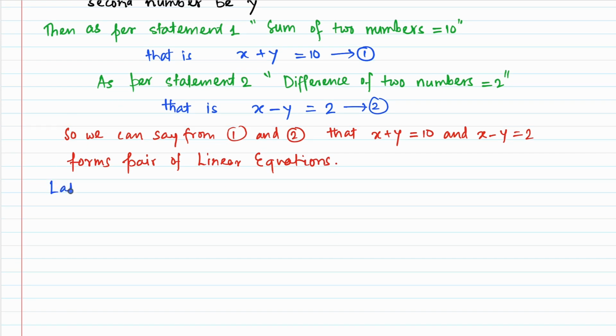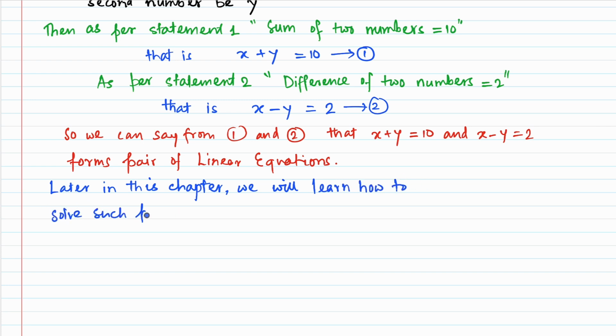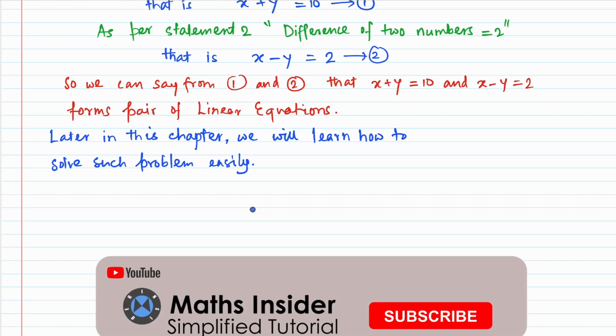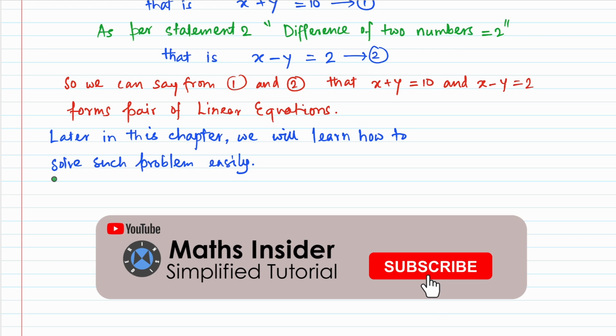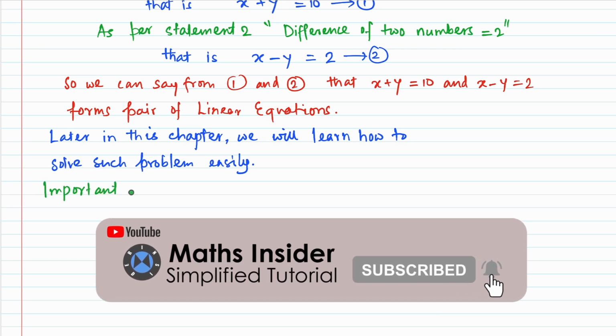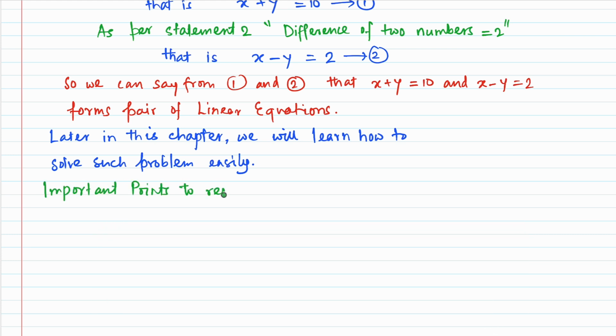That is why the pair of linear equations is so important. That is how we frame the equations using the two variables. Later in the chapter we will learn how to solve such problems. This concept is so important that it is the foundation of how you will be solving the problem and finding these unknowns. Important point to remember.